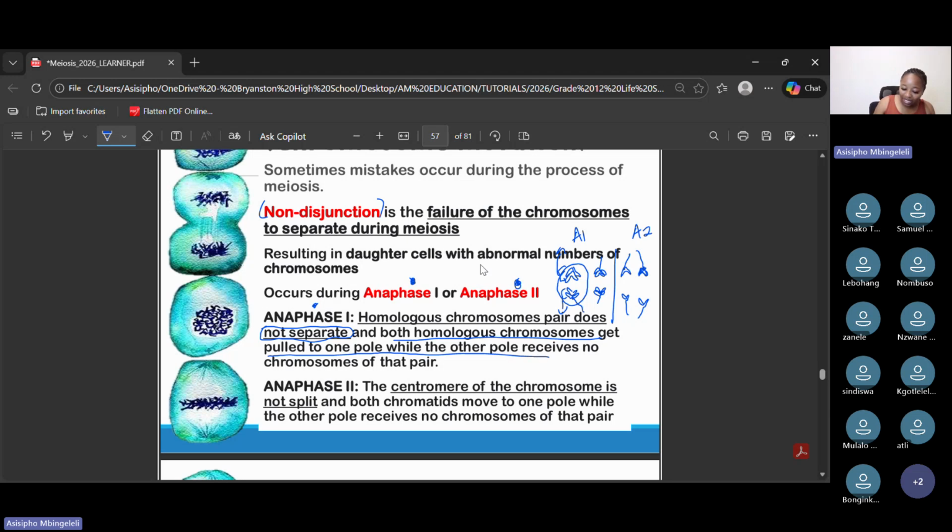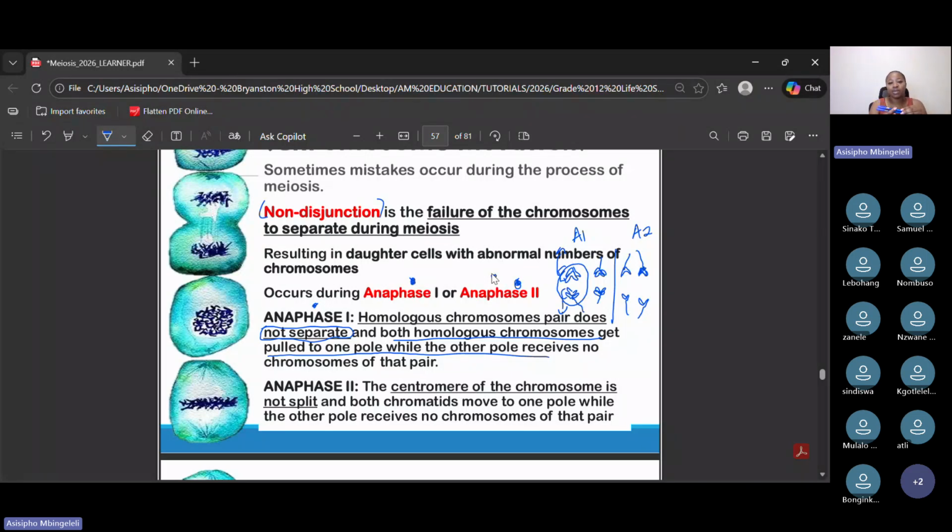It is possible for it to occur in anaphase 2. So remember, in metaphase 2, we will have chromosomes arranging themselves singly in the middle of the equator. So these are my chromatids joined by a centromere. Now, what is supposed to occur in normal meiosis? The centromere is supposed to split so that the chromatids are pulled to opposite poles, or we can even say the chromosomes are pulled to opposite poles.